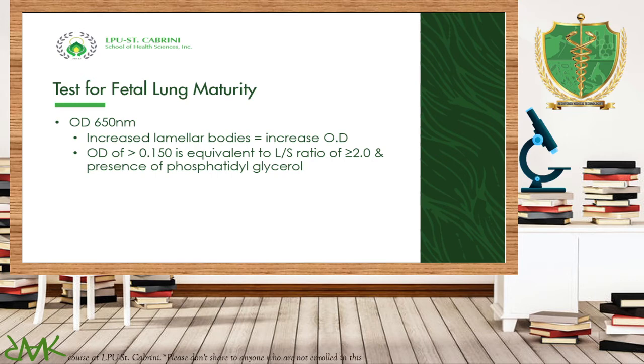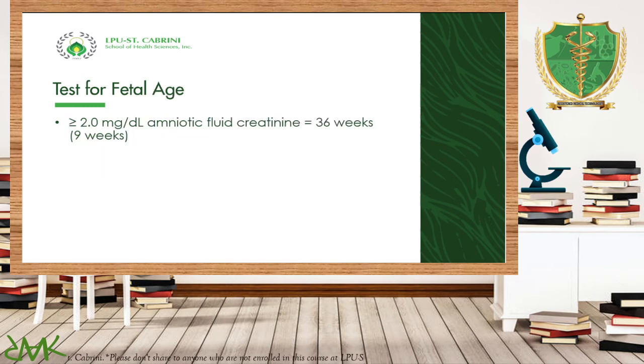Sabi natin, greater than or equal to 2.0 of LS ratio indicates good maturity of the lungs. So that's almost the same in fetal lung maturity for OD650. Greater than 0.150 is almost similar to LS ratio of greater than 2.0.